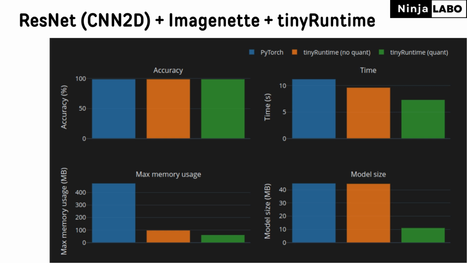The blue bar shows the original Python environment. The orange bar shows Tiny Runtime. The green bar shows Tiny Runtime with the quantized model.